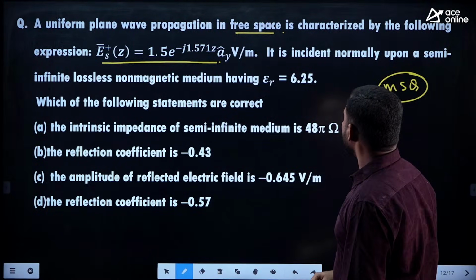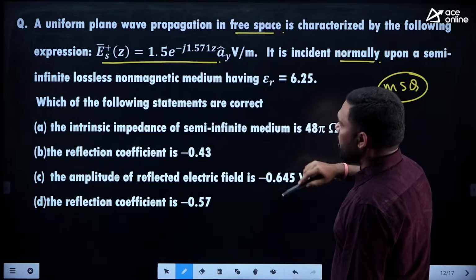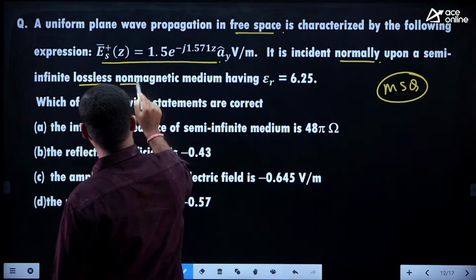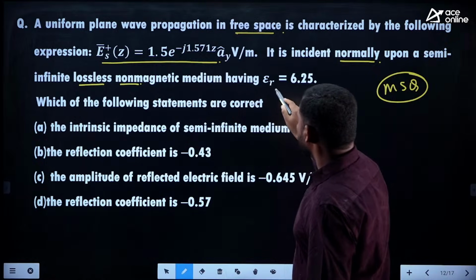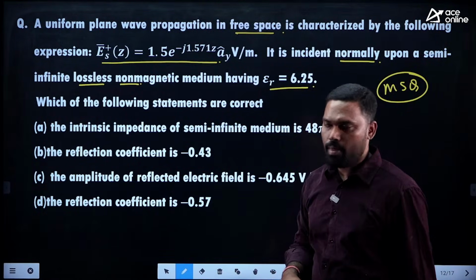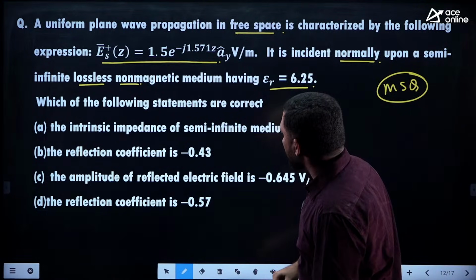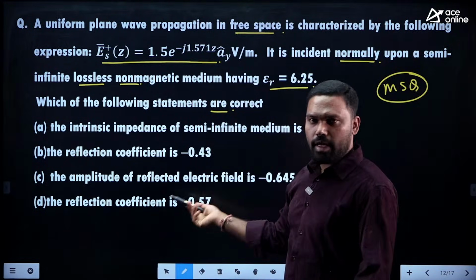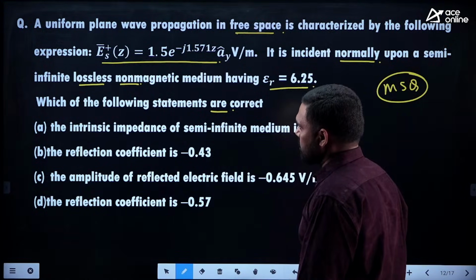It is incident normally upon a semi-infinite lossless non-magnetic medium having epsilon r equal to 6.25. Which of the following statements are correct? There are multiple answers, a multiple select question.